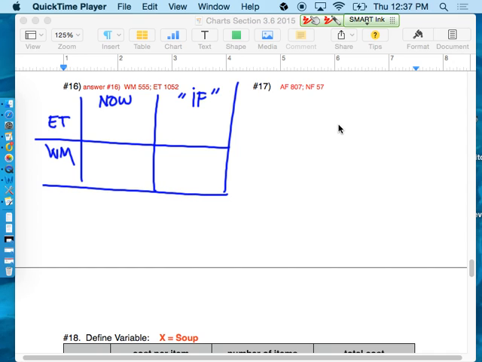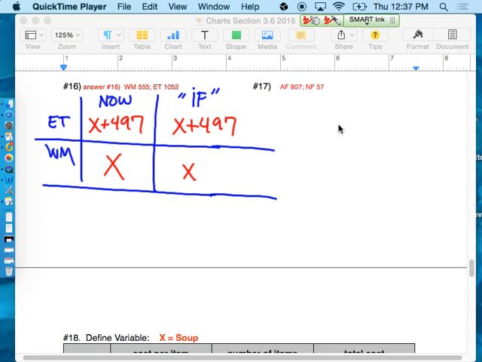And now I'm going to read the problem. The Eiffel Tower is 497 feet taller than the Washington Monument. So if I let the monument be represented by x, the Eiffel Tower would be x plus 497. And now I have this conditional if statement. So the problem states that if each monument were 58 feet shorter, and I'm going to go ahead and copy, so here's my Eiffel Tower, and here's my Washington Monument.